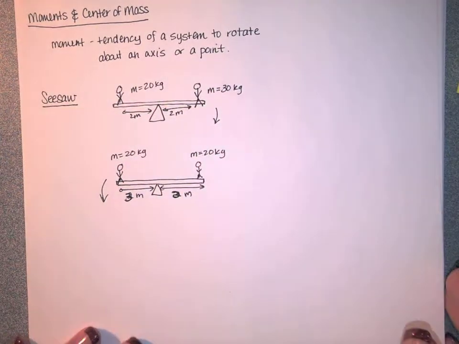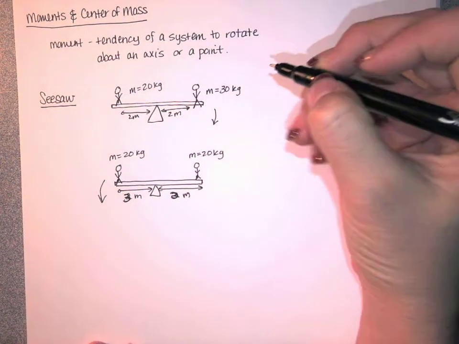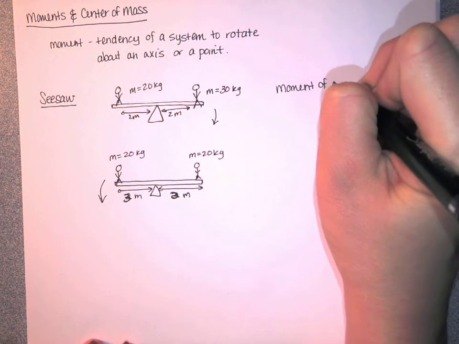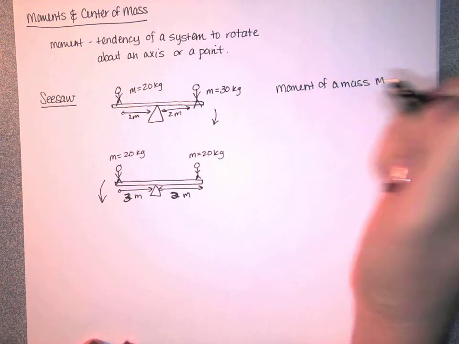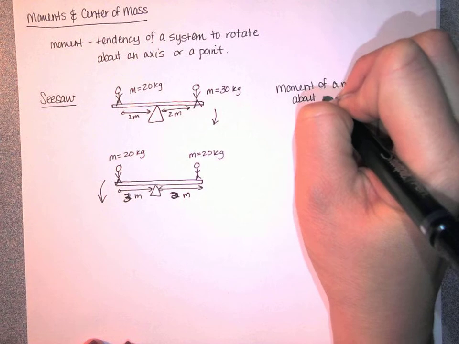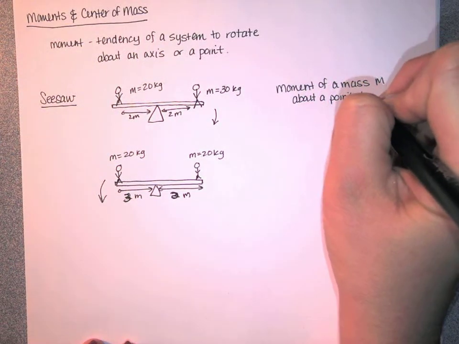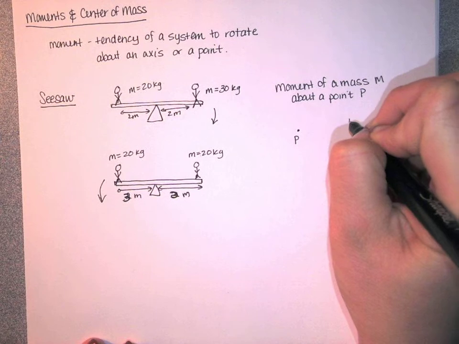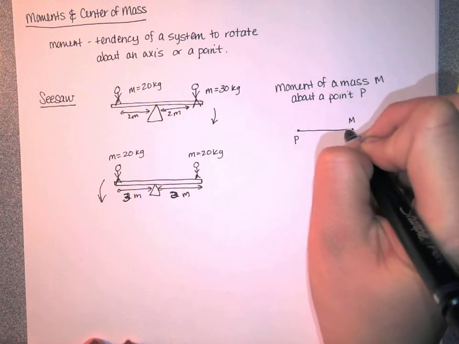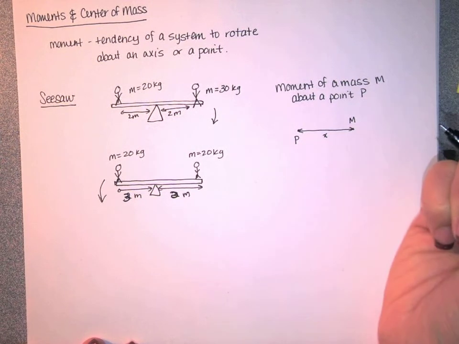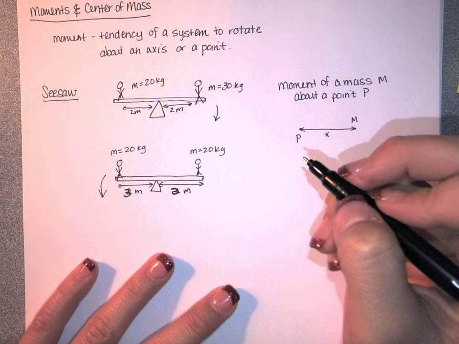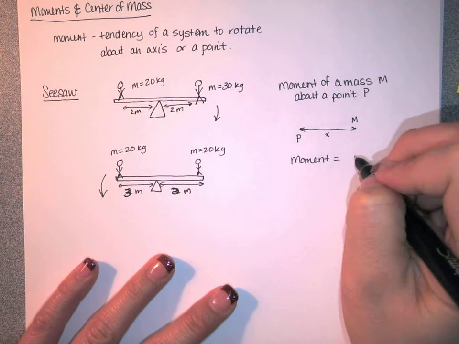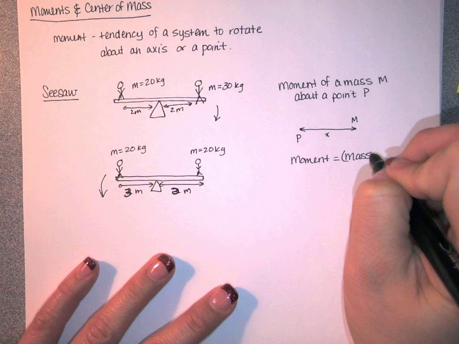So that's the principle. Let me give you a definition. The moment of a mass m about a point P. So here's my point P, and here's my mass m, and this distance from P to m is x units. The moment is just going to be that mass times that distance.